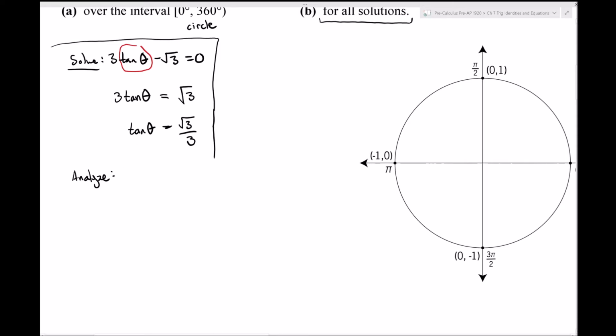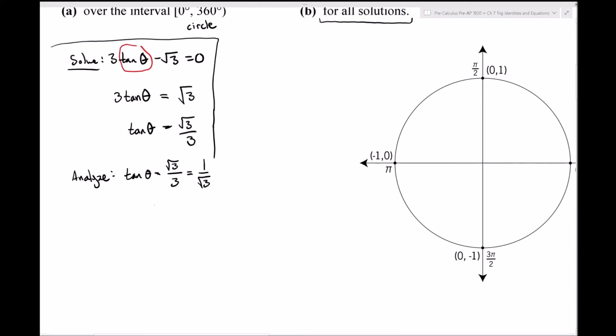So I think we saw this example in the previous section 7.5. So if tangent of theta is equal to square root of 3 over 3, and if we had a sine and a cosine, or an x and a y coordinate on a unit circle, then this came from us, at the very last, rationalizing the square root of 3 underneath a 1. So 1 over the square root of 3.